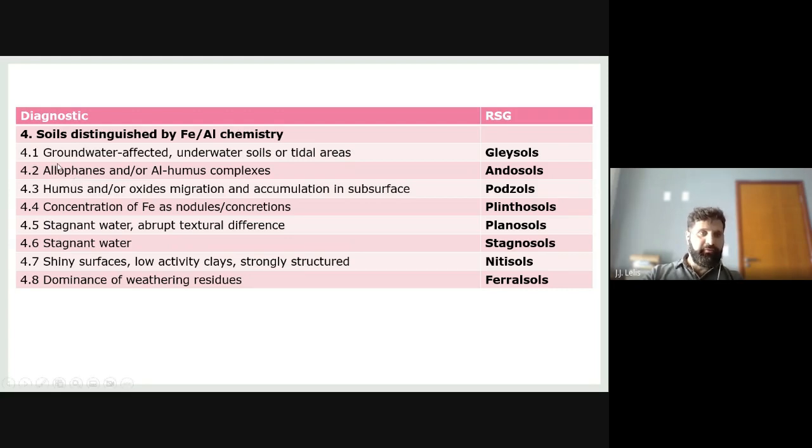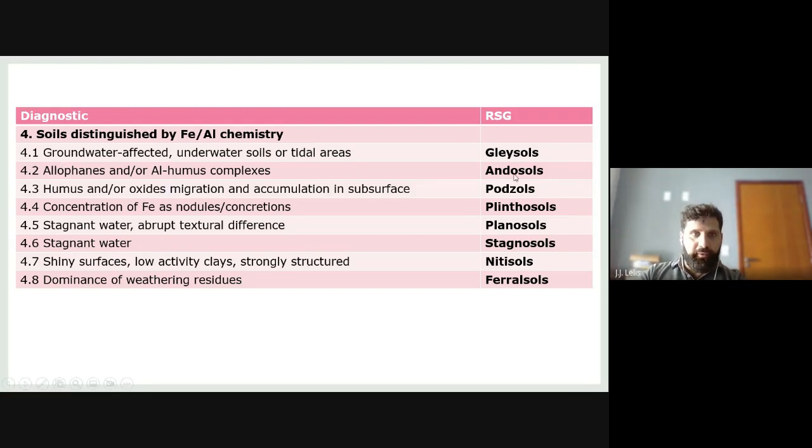So they are very particular soils, and in general, they are related to recent or modern volcanic areas. So we only can find this kind of minerals, the allophanes, in areas that suffer modern or recent igneous activities, like Japan, Argentina, Chile, and something like that. These soils are called andosols.